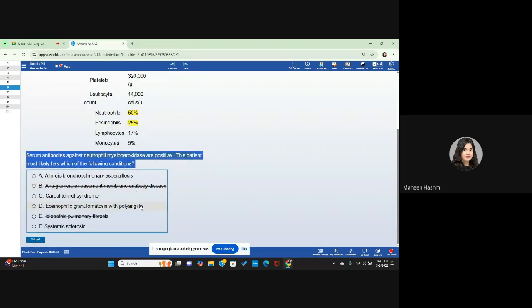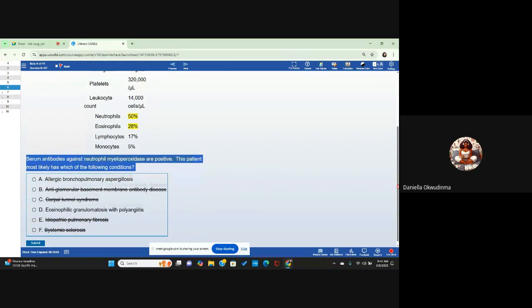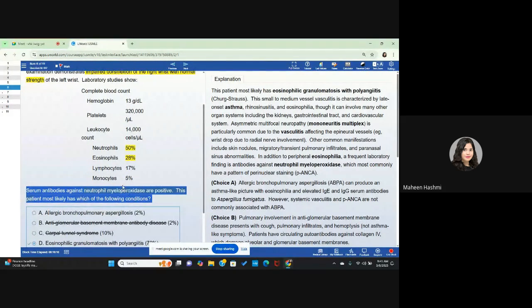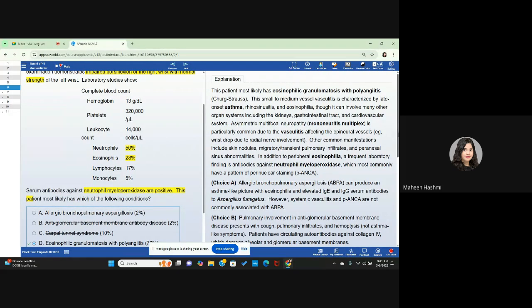Why do you think it's this? Why isn't it ABPA? It's myeloperoxidase positive, that's p-ANCA positive, and there's a history of asthma and eosinophilia. Very good. If it had been allergic bronchopulmonary aspergillosis, they would have mentioned it, and this wouldn't have been positive. So it's very important that you go through it.